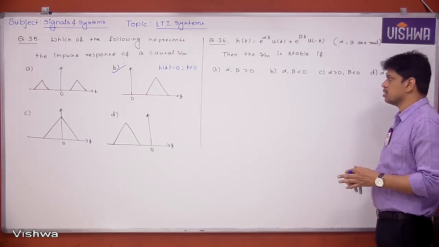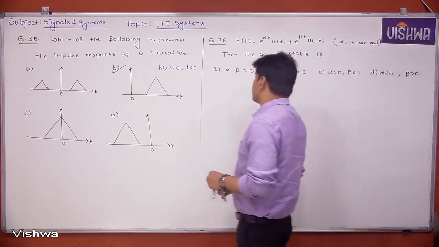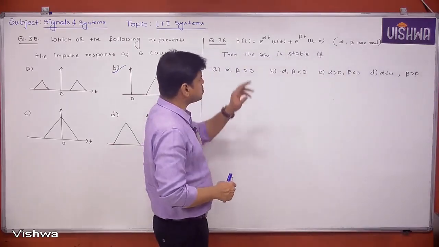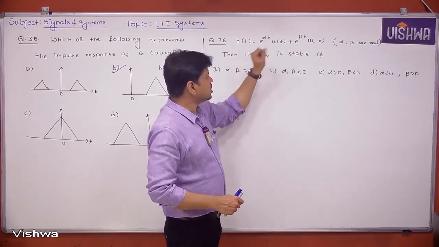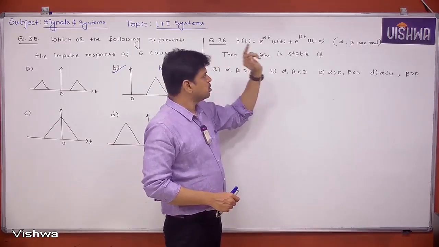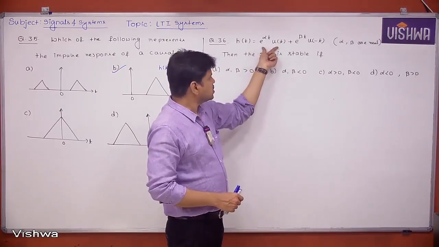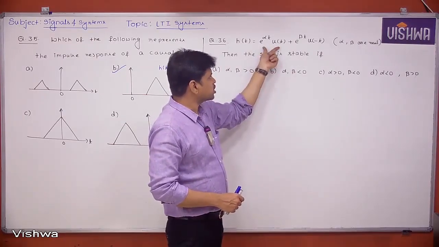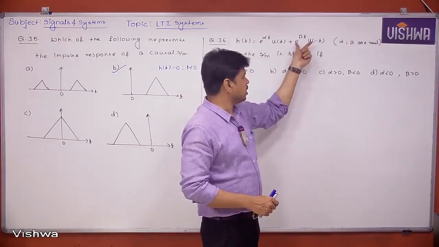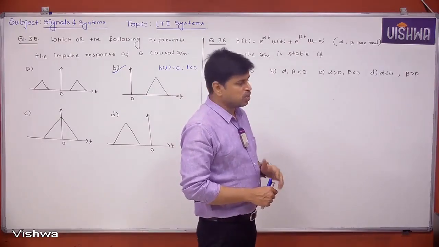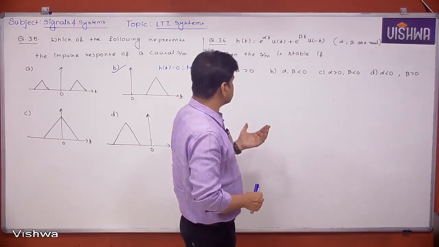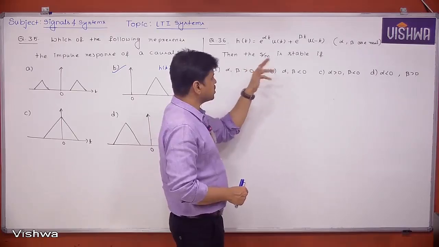Let's think about it. E power alpha t u of t is a right-sided exponential, and e power beta t u of minus t is a left-sided exponential. What is the condition on h of t so that the system is stable?